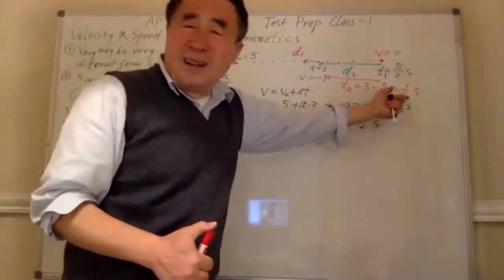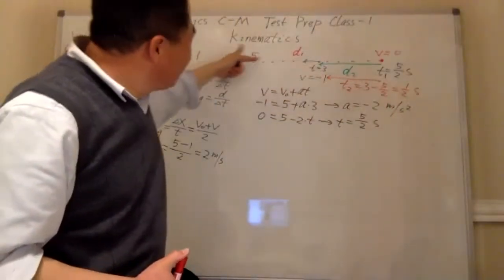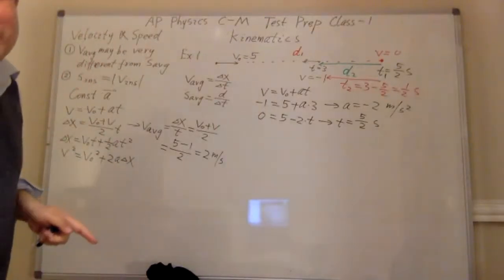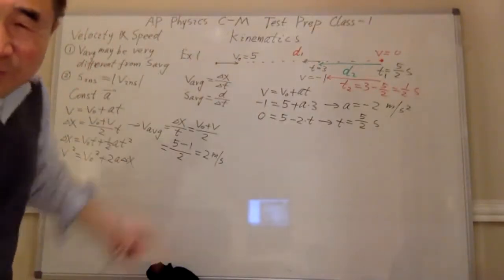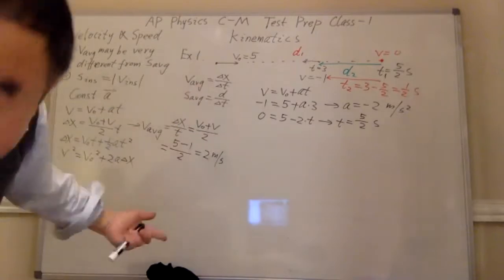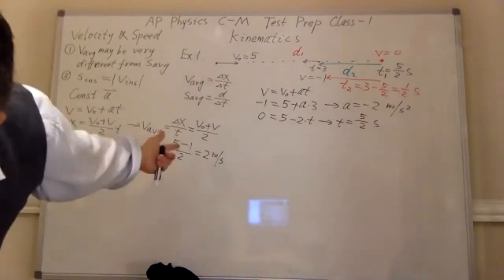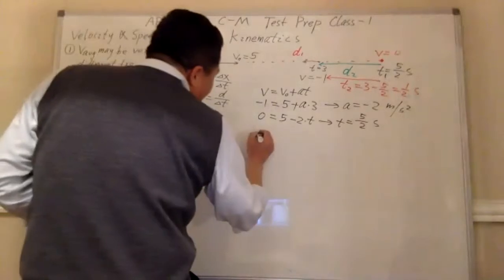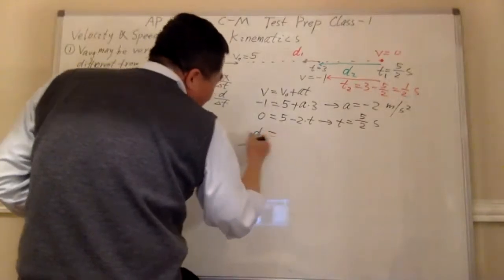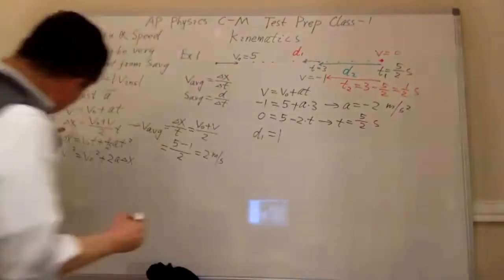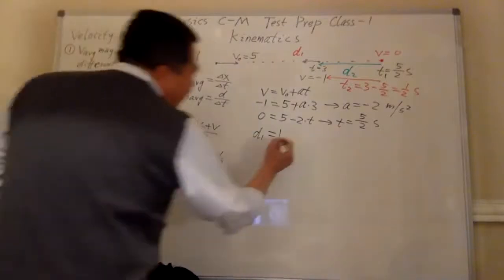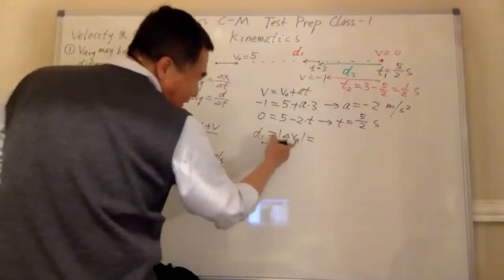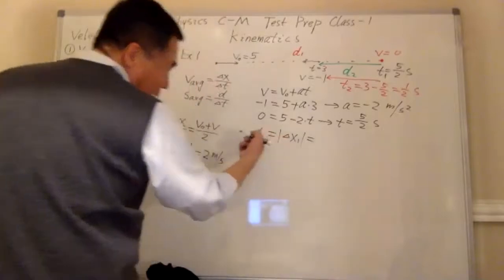After that, we can easily figure out D1 and D2 by the second formula, because that's my favorite. This is linear, very convenient for figuring out the value. How can we do that? For D1, D1 is distance, but this one is displacement, delta x1. I take the distance as the absolute value of the displacement.